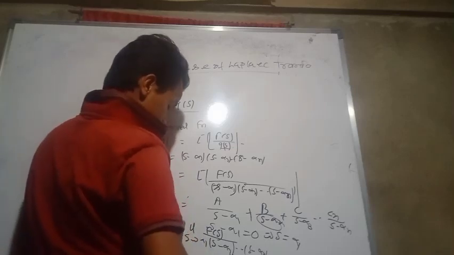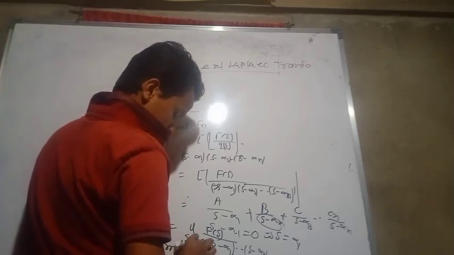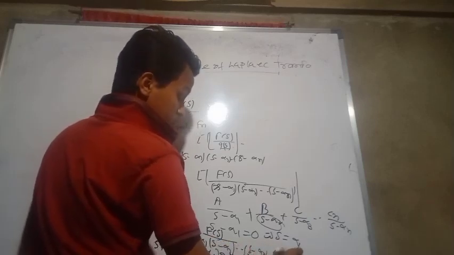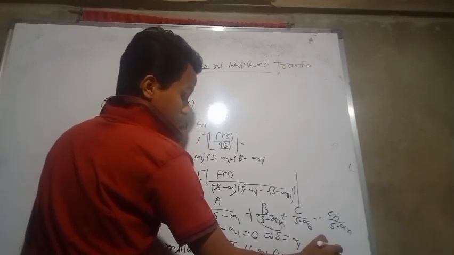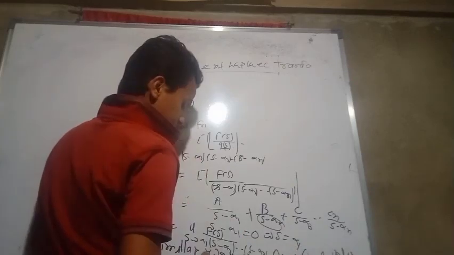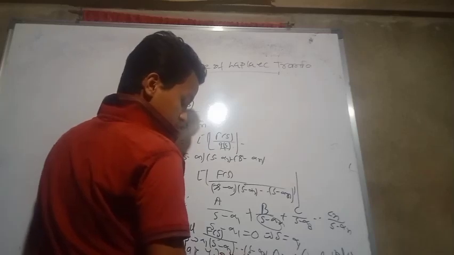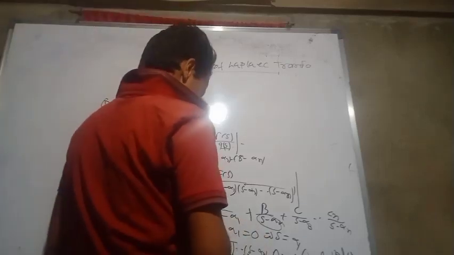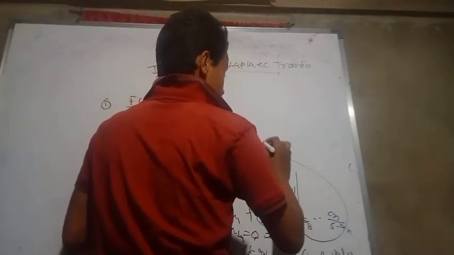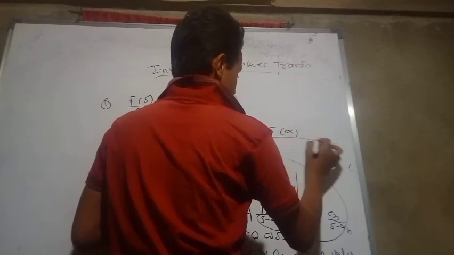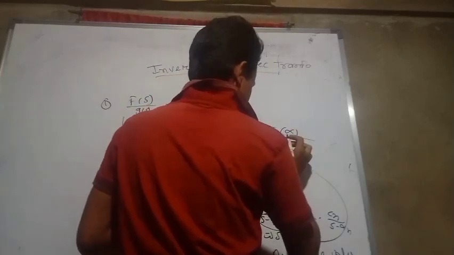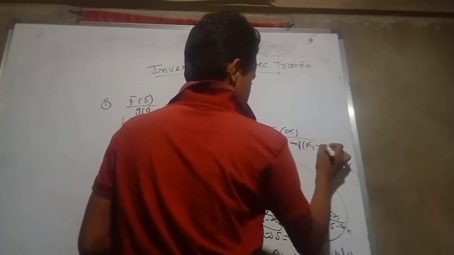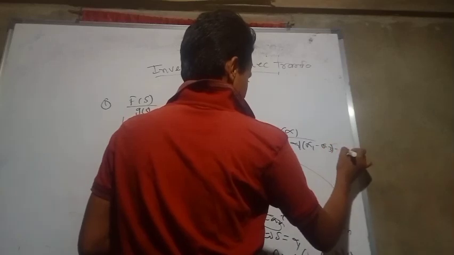In a similar way we can find the values of the other constants: A, B, C, and so on. That gives us F of alpha 1 upon (alpha 1 minus alpha 2)(alpha 1 minus alpha 3) up to (alpha 1 minus alpha n).